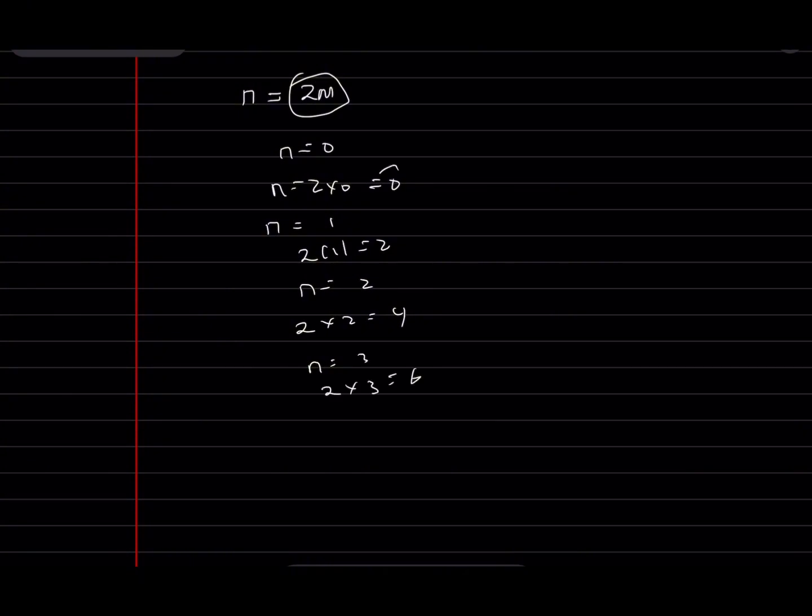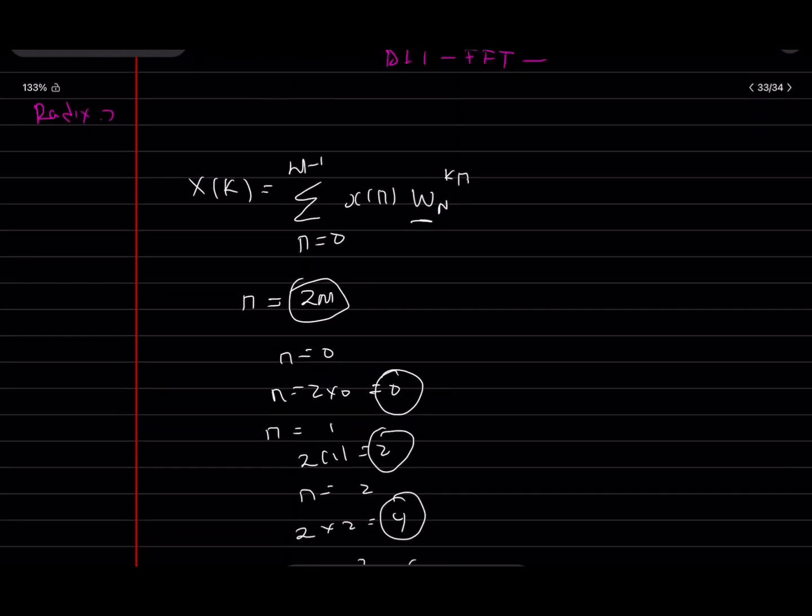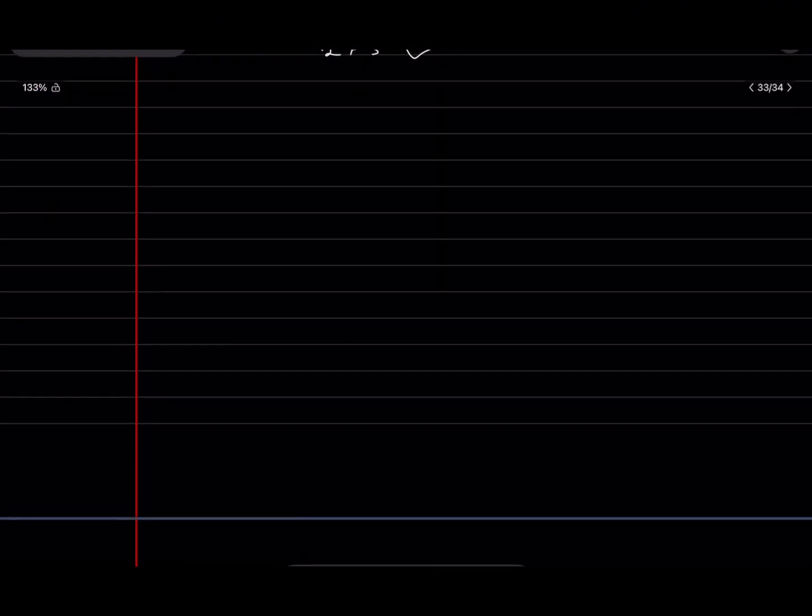As we can see, it gives us even outputs irrespective of what the input will be, right? So if we want the decimation, if we want to group the sequence into odd and even, we need to come up with a function to serve as our input. So instead of putting n as a variable over there, we will put 2m, and that 2m is going to serve as our even input sequence, right?